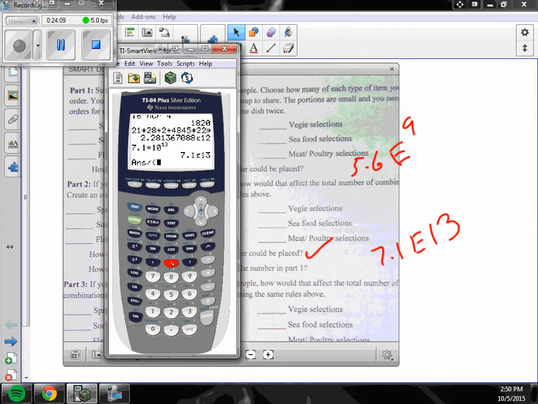So divided by 5.6 times 10 raised to the 9th. What does that number mean? My second order is 12,000 times bigger than my first order.